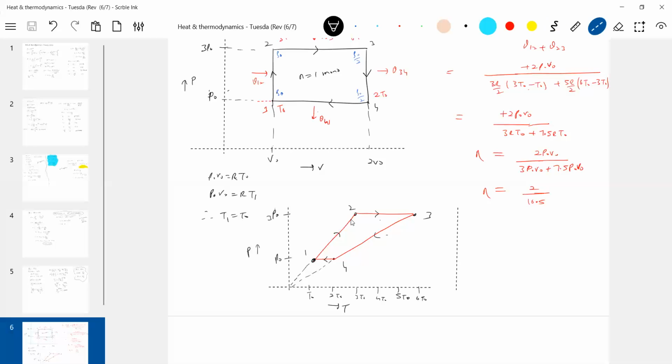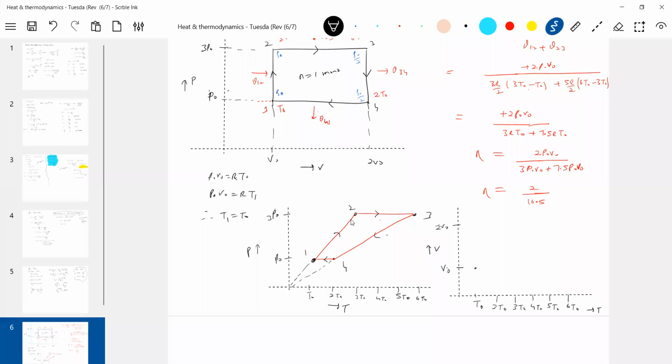Next, we'll go for the VT graph. Here we'll plot volume versus temperature. What are the particular values of volume? V naught, 2 V naught. This is volume, this is temperature. Point 1: V naught, T naught.